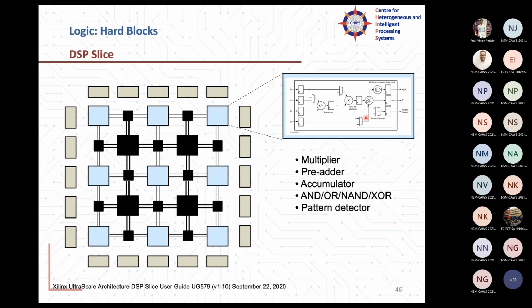It has all these operators: multiplier, adder, accumulator, some logical operator, even a pattern detector, etc., which have been implemented and embedded into the fabric as custom hardware. So these are small ASIC operators. ASIC, I say that because they have fixed operations. You cannot modify these operations, and there are very many of these available in the FPGA fabric.